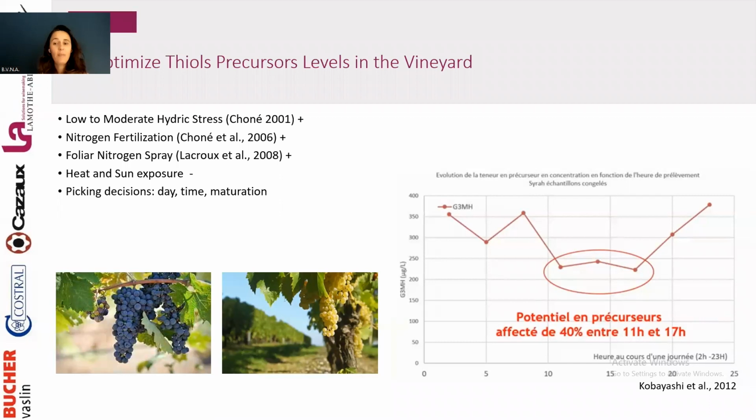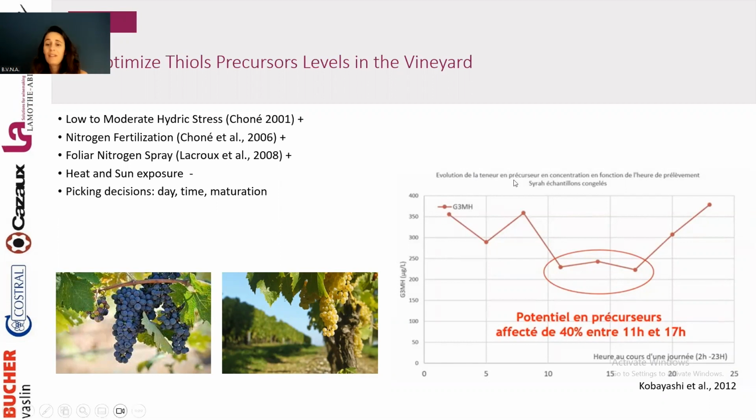What's interesting is there is a study that shows that depending on the time of the day we are picking the grapes, we have a difference in concentration. This is a study done in Japan where we are following the precursors of the 3-MH during a full day, during a 24-hour period.